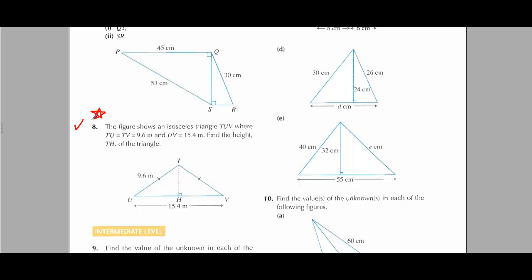In question number 3, this question number 8, I think it is an important question. Important means it is a challenging question. Look here, it is an isosceles triangle. So give it a try. Look here, these two sides are equal sides. So if it is 9.6, the other will also be 9.6.